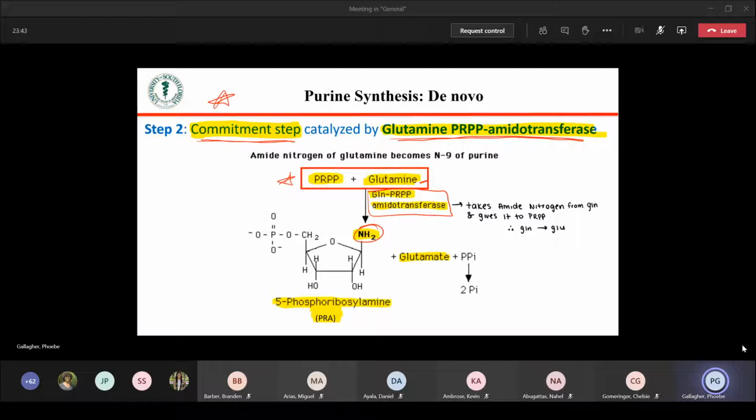And whenever you take the amino group from the glutamine side chain, it's going to release glutamate because they have similar structures. They just have the difference of the amino group, essentially. And so you add the amino group to make PRA. So know the PRA, know that glutamate is made, know the name of the enzyme, and then know the two substrates that are being reacted upon.